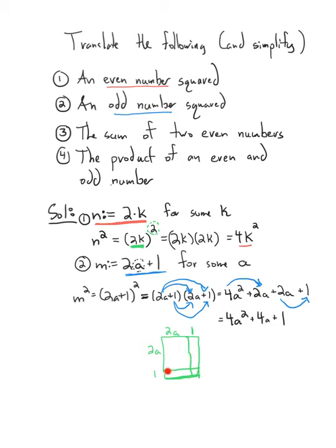So this rectangle has area 2A times 2A, which is 4A squared. So that's that bit, 2A times 2A is 4A squared. Then this rectangle is 1 times 2A, which is 2A.